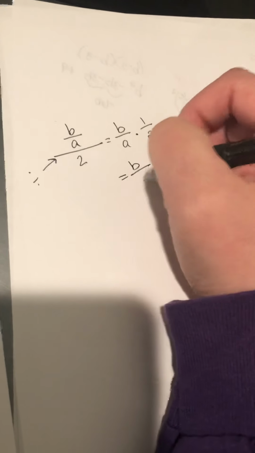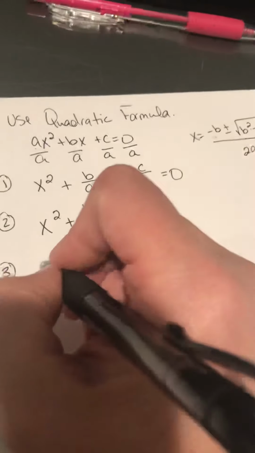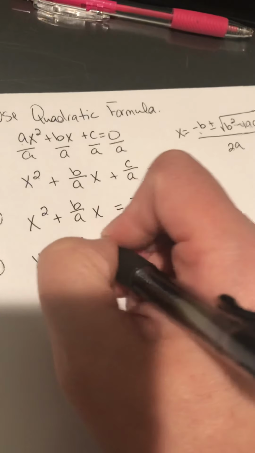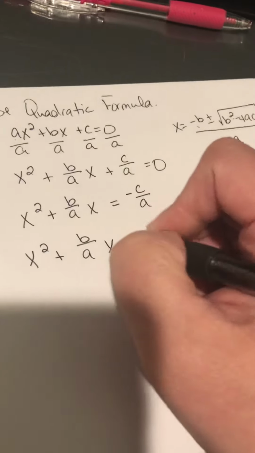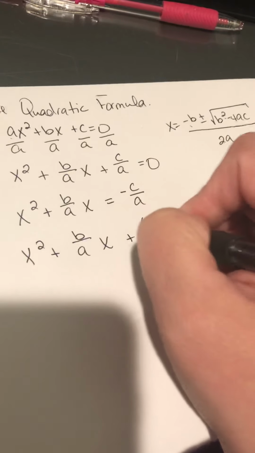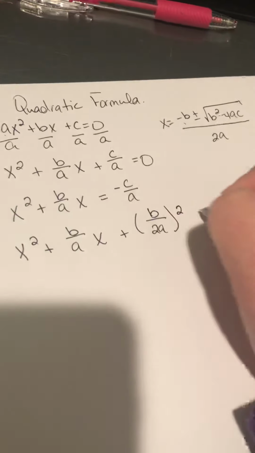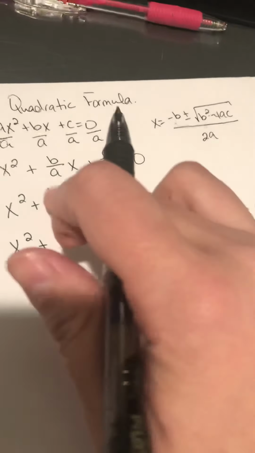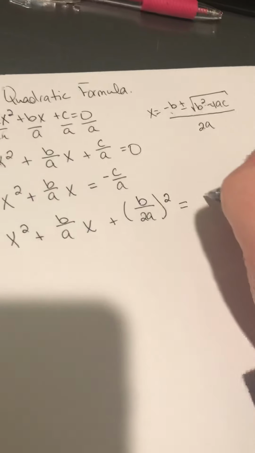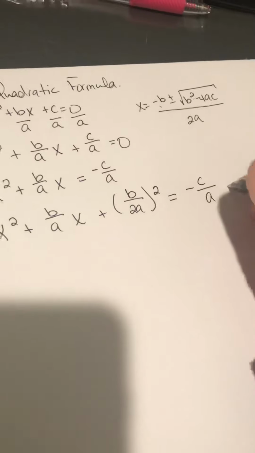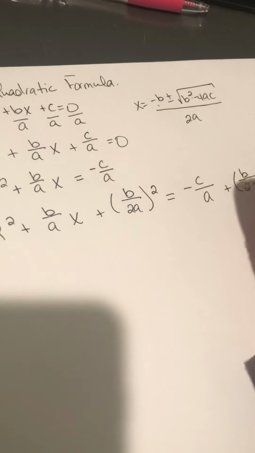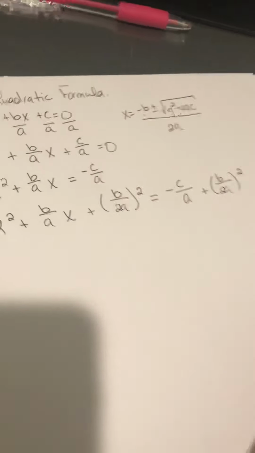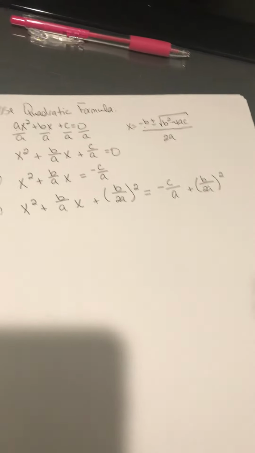So that is b over 2a, which looks a little bit familiar. So I'm going to have x squared plus b divided by a x plus b divided by 2a squared. That's what I get when I divide this in half, is equal to negative c over a plus b divided by 2a squared. Okay, that's step 3.